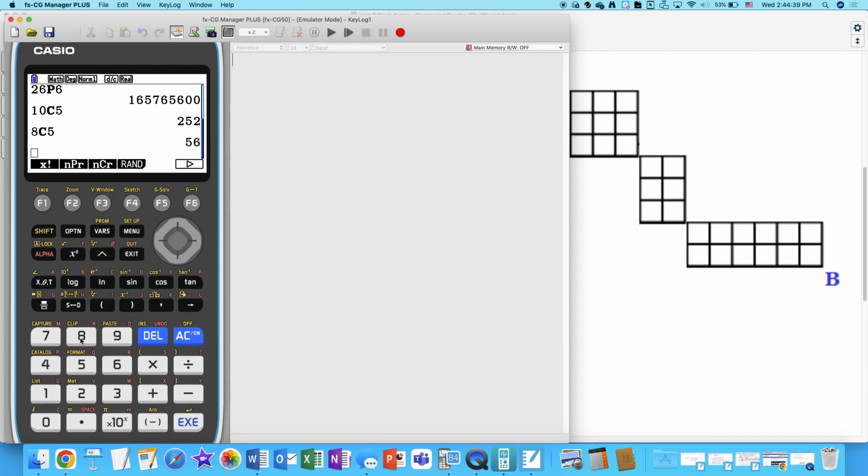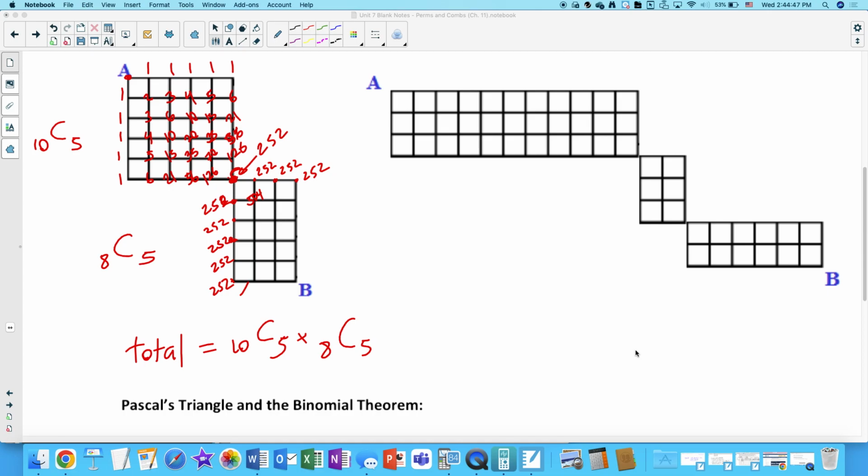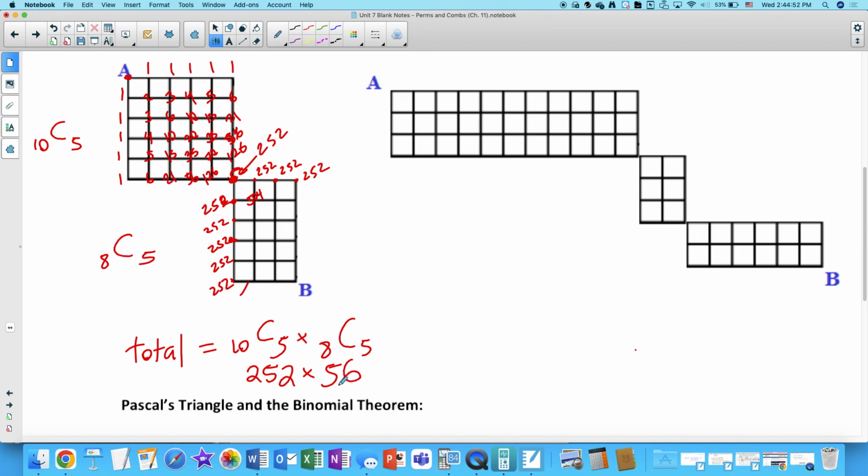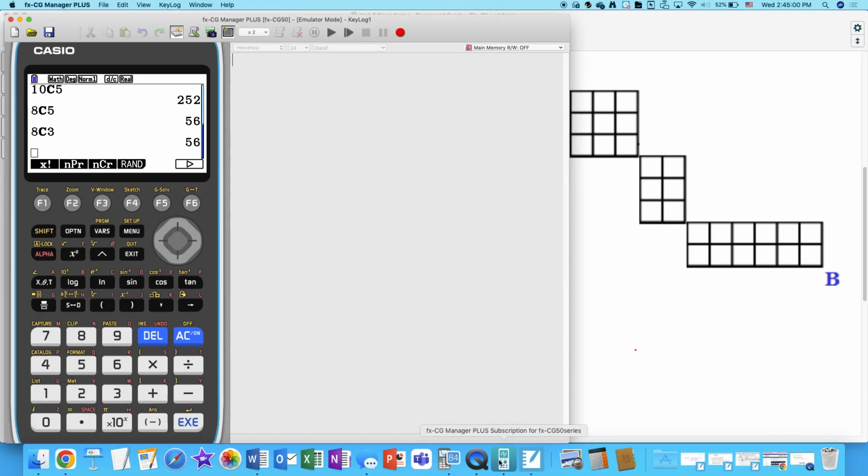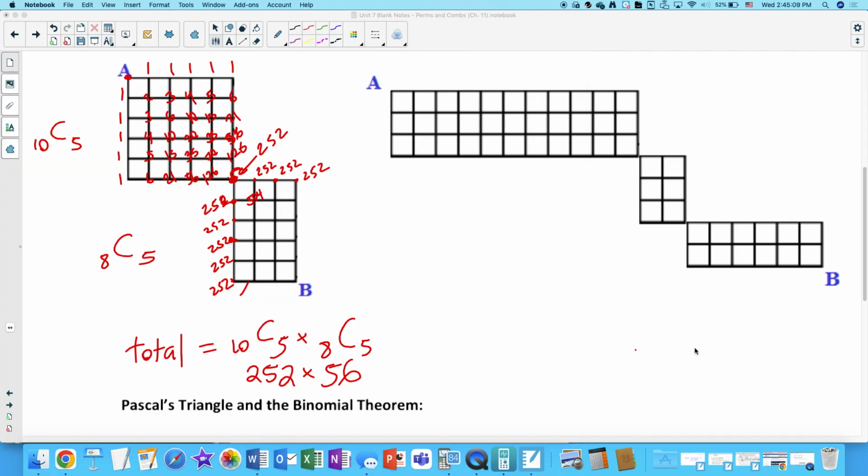And just for good measure, let's do 8 choose 3 as well to show that it doesn't matter. It's also 56. So this works out to be 252 times 56, which is, I don't know, in the thousands. Something like 13,000, I'm guessing. 56 times 252. 14,112.